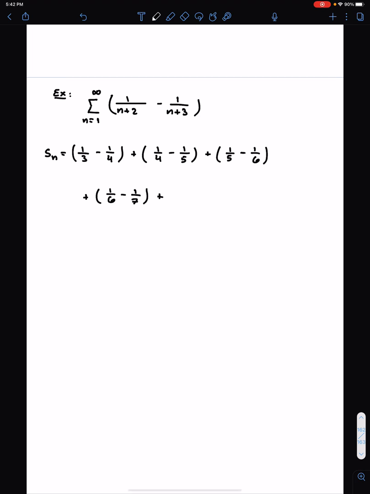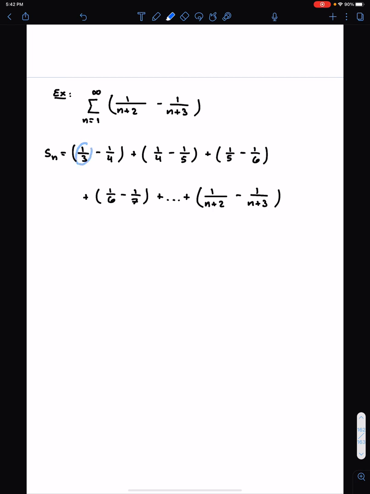If I continue that pattern, the nth term is 1 over n plus 2 minus 1 over n plus 3.